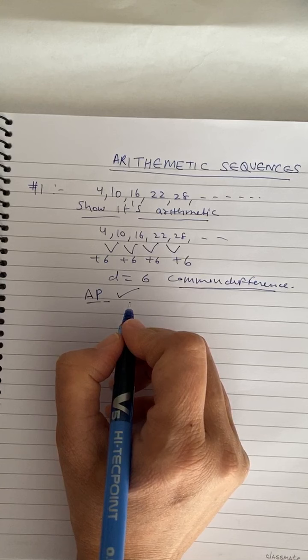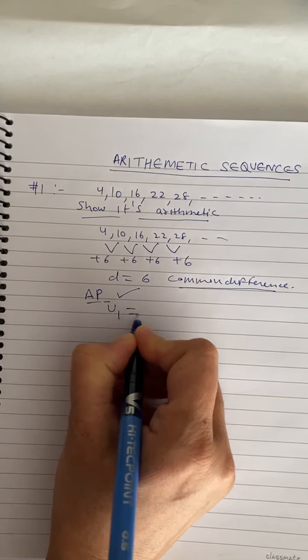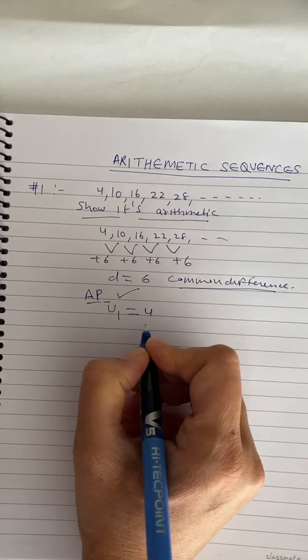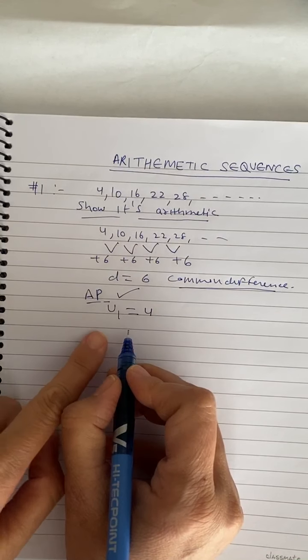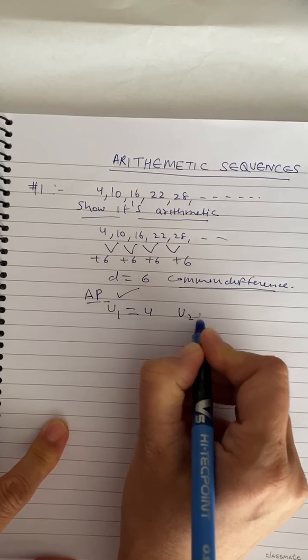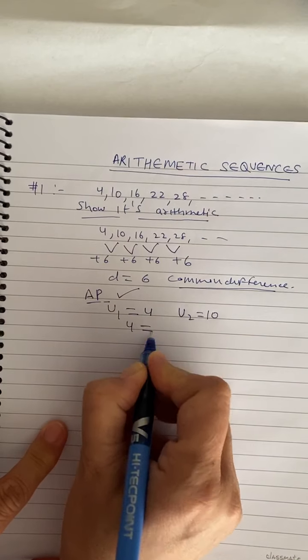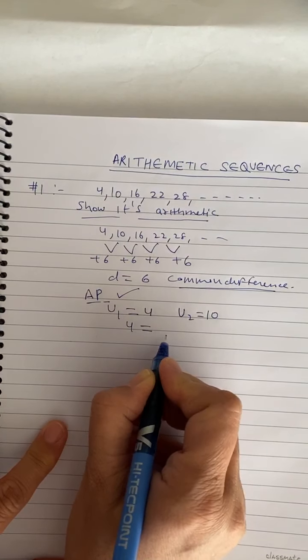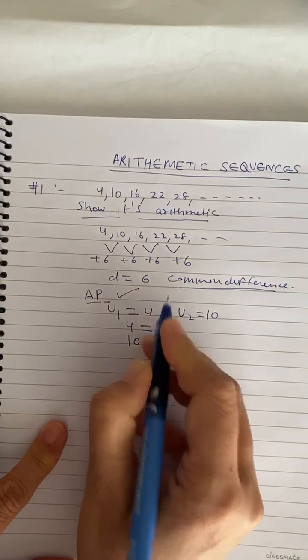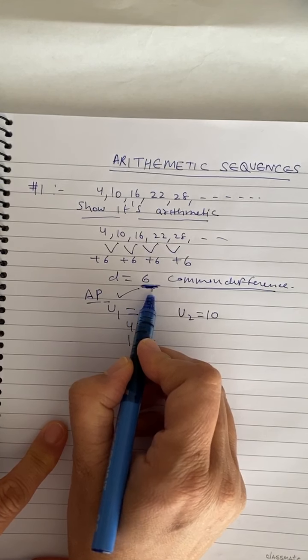Now the next one is you have to find the general term. That's what I was trying to explain in the lesson as well. So u1 is equal to 4, u1 is the first term, and u2 is equal to 10, which is your second term. We always need to use the pattern here, which is 6, the common difference.